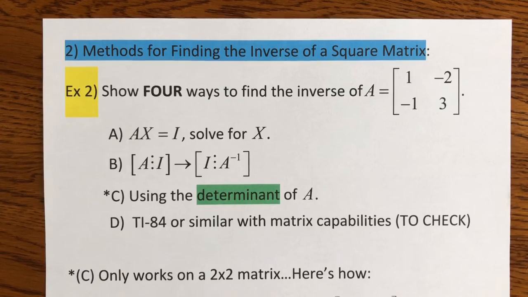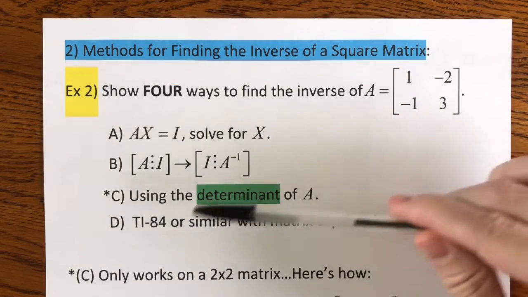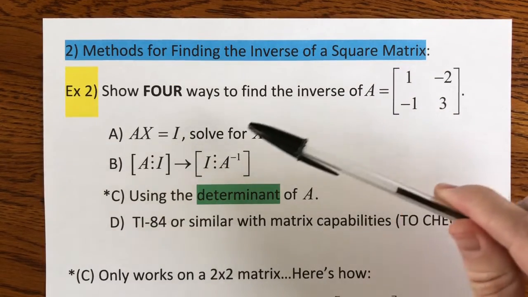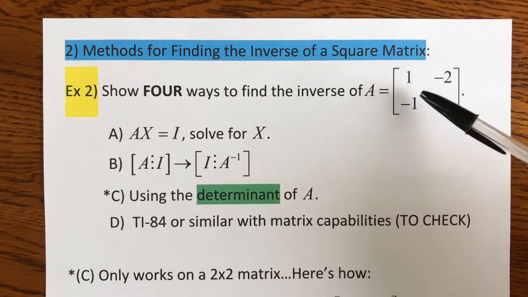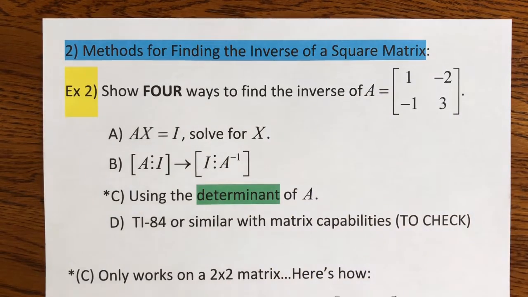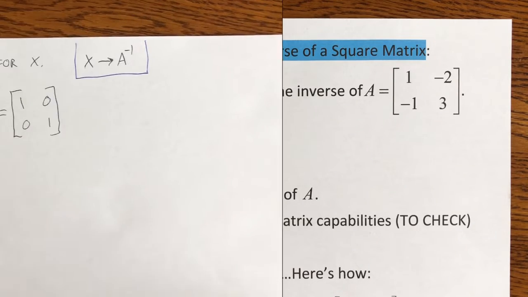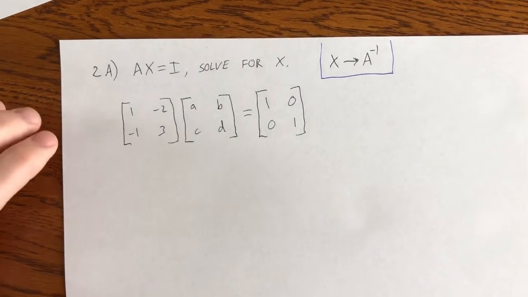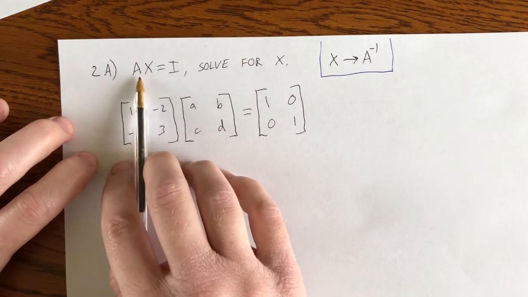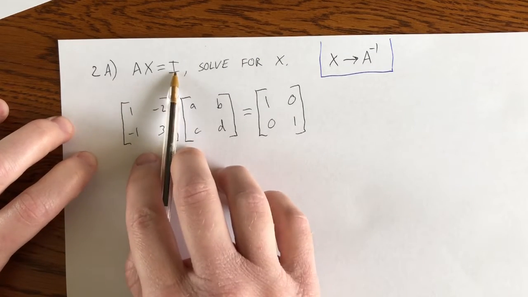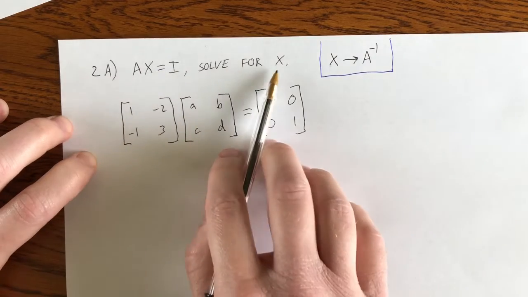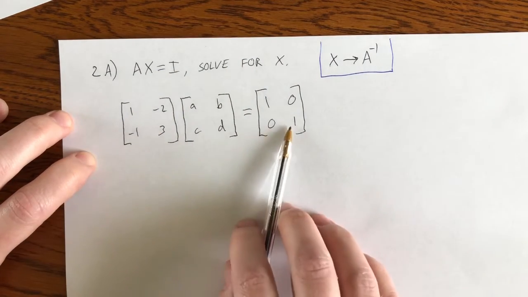Okay, what we're going to do at this point is look at 4 different ways to find the inverse of a 2x2 matrix. So the first thing we're going to look at is example 2a. In example 2a, we are told to look at solving this matrix equation for matrix X. So this is your setup.